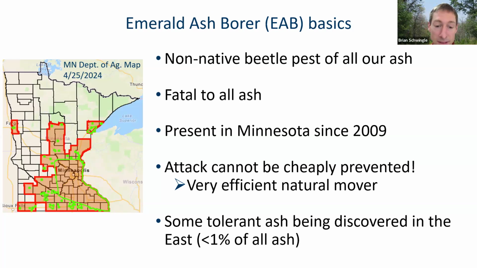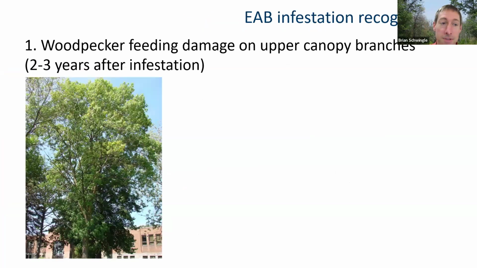We're talking way less than 1% of all ash, but still, if you take a look at all of the ash trees in Minnesota, gosh, I wish I had that number off the top of my head. It might be 1 billion. It's a lot. I mean, if 0.01% of them were tolerant to emerald ash borer, that's still quite a few. So that's kind of good.